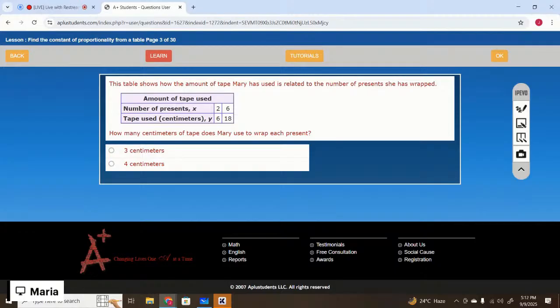So 6 over 2 is, it would be 3 centimeters. Option number 1 is the correct option.